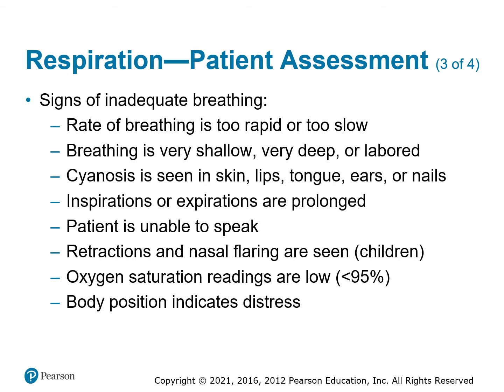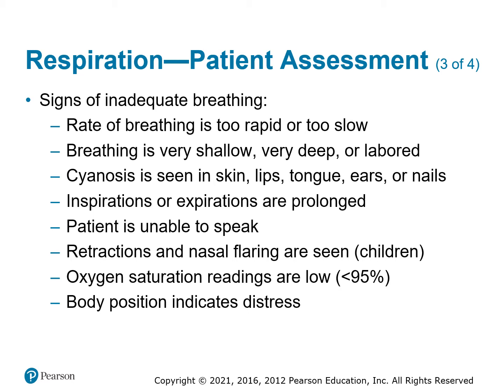So some other signs of inadequate breathing are going to be the rate of their breathing, being too fast or too slow. We have that normal parameter that our respiratory rate should stay within. Breathing may be shallow or deep, or maybe labored. We see some intercostal retractions. We see the patient is struggling to get air in and out.